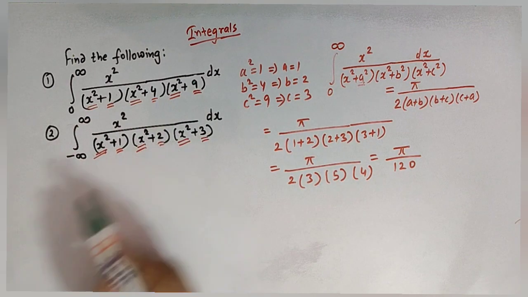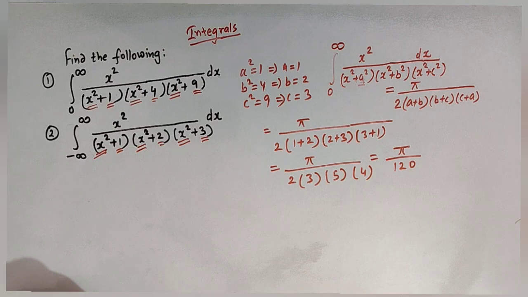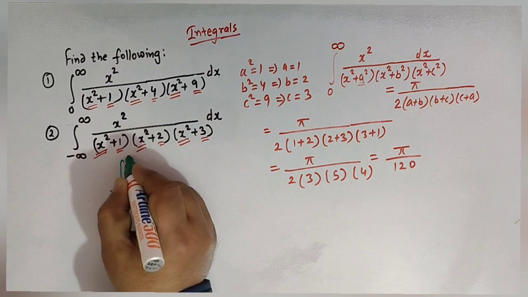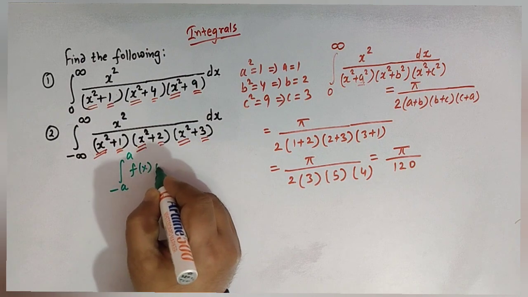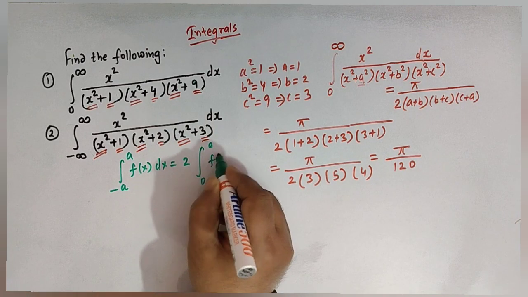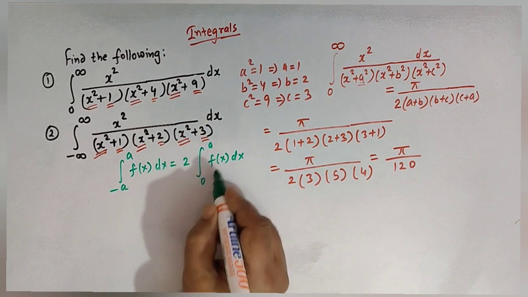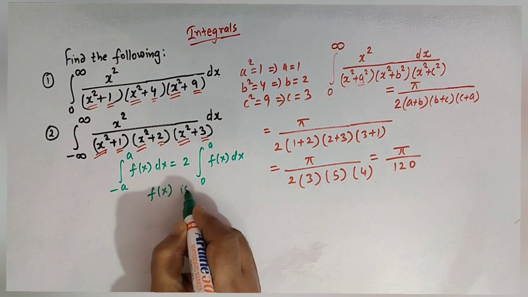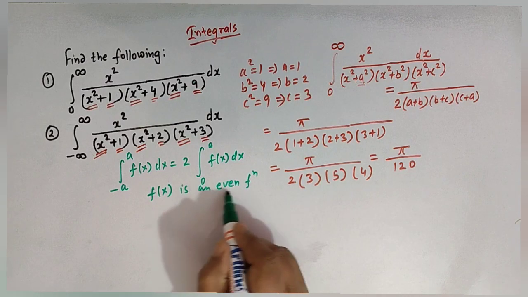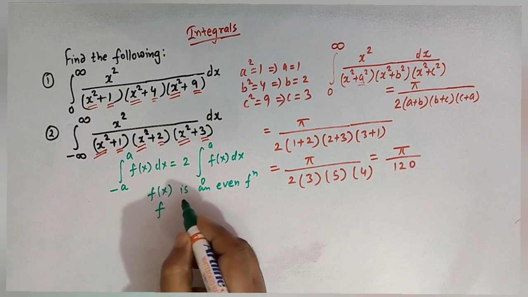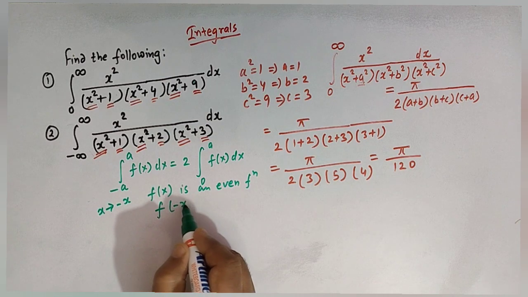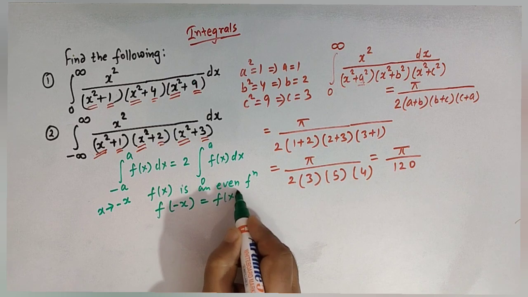We make use of an important property of definite integrals: the integral from minus a to a of f of x dx is equal to 2 times the integral from 0 to a of f of x dx whenever f of x is an even function. An even function means that if we replace x by minus x, then f of minus x must be equal to f of x.